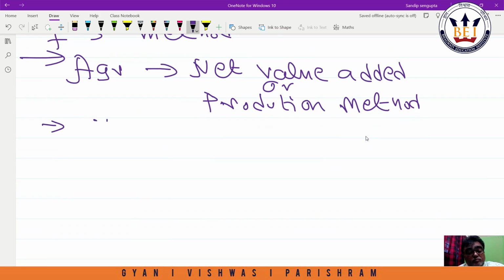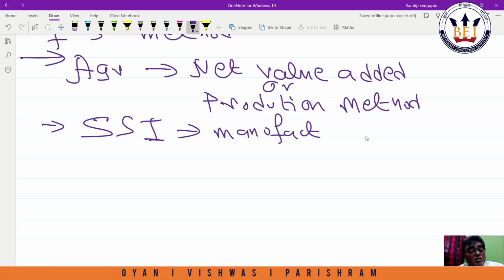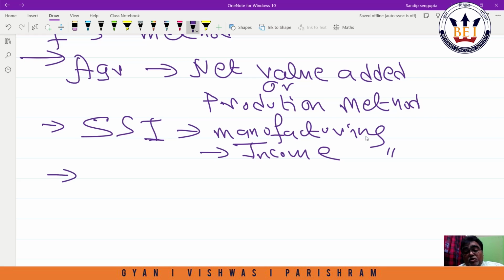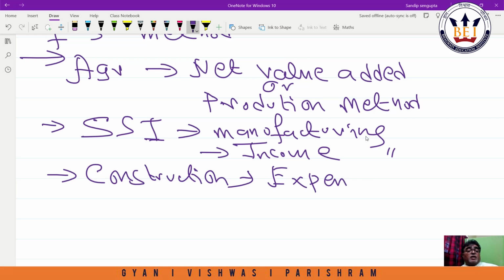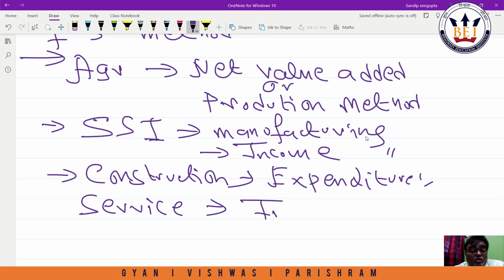Then SSI, meaning manufacturing, by income method. Then construction by expenditure method. Service by income method. So a combination of three methods.